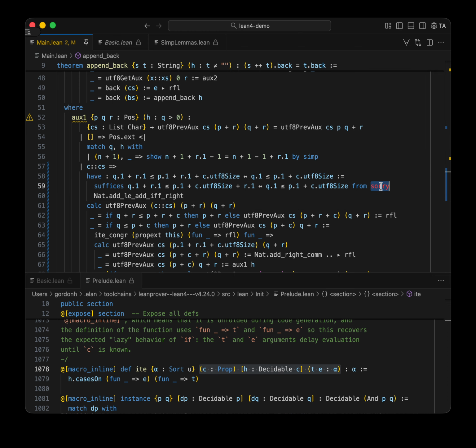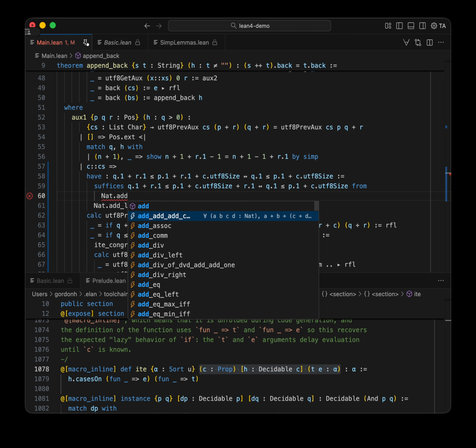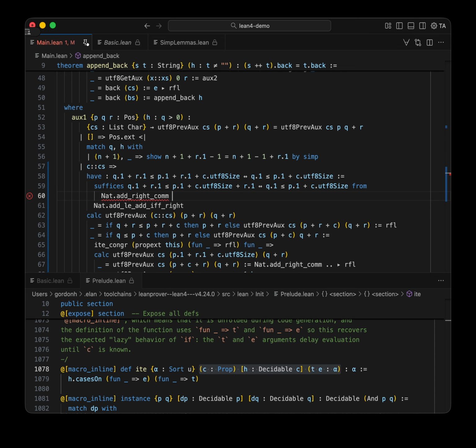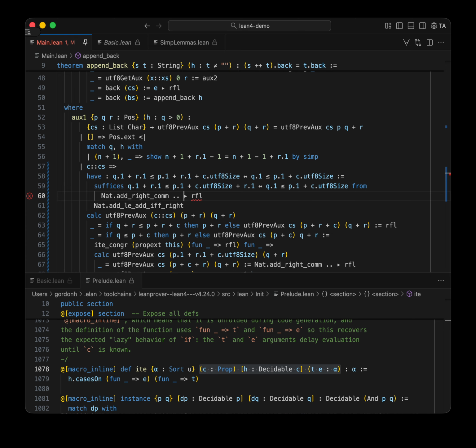And this is Nat.add, add right. Will it just close it? Isn't this simple? Should be there, so.